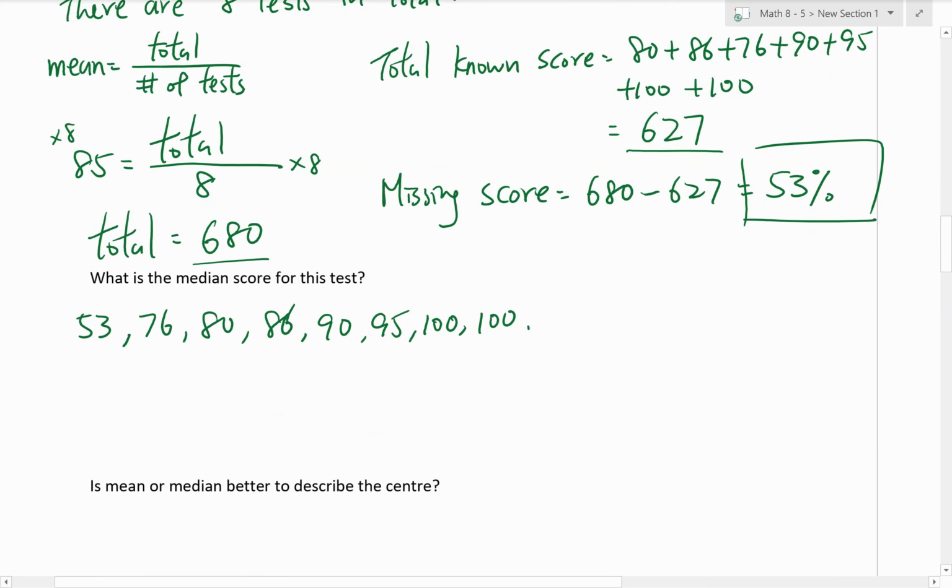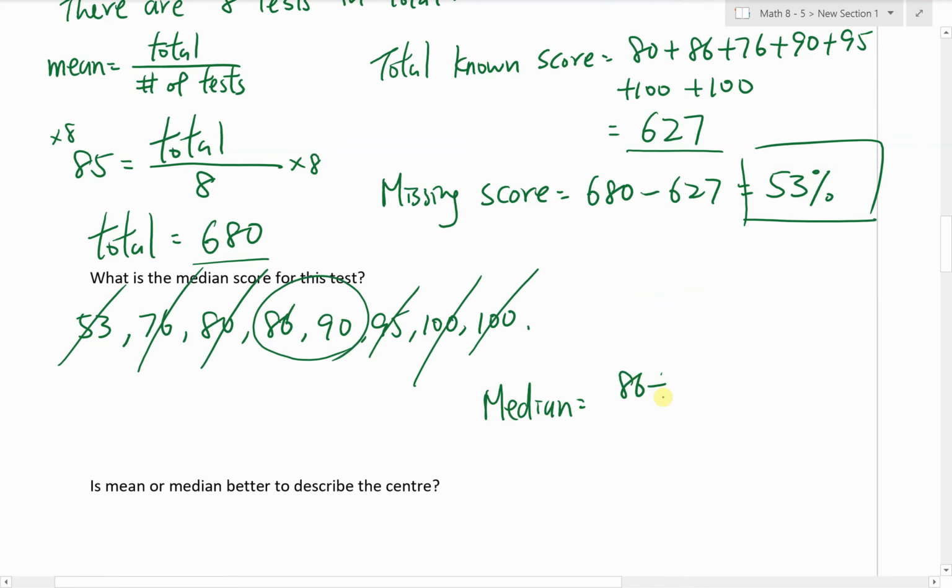Okay, so for the median, you just cross out one from the front, one from the back, and keep going like this. You end up with these two in the middle. In that case, you find the average. So the median is going to be 86 plus 90 divided by 2, which is 88%.